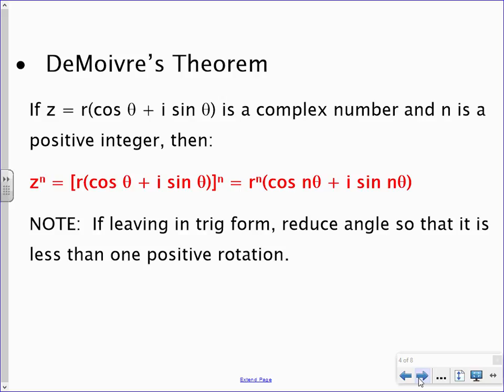I'm just calling our good friend. Okay, De Moivre figured out if we have a complex number, then the complex number raised to the nth power means all we have to do is take r to the nth power and multiply n to the theta. What's in red is De Moivre's theorem.